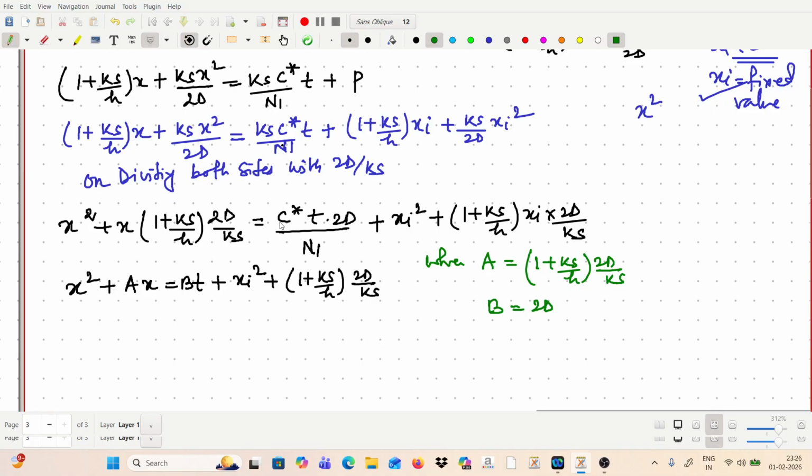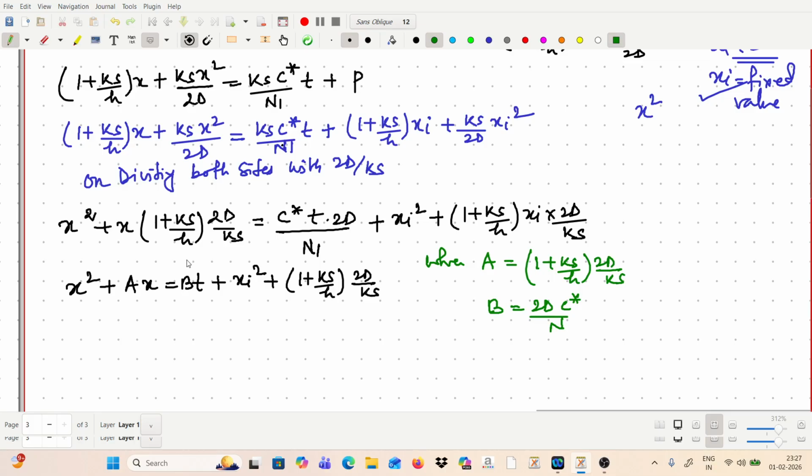Bt means 2d c star by n1. So bt is this expression. Once again, is it okay?